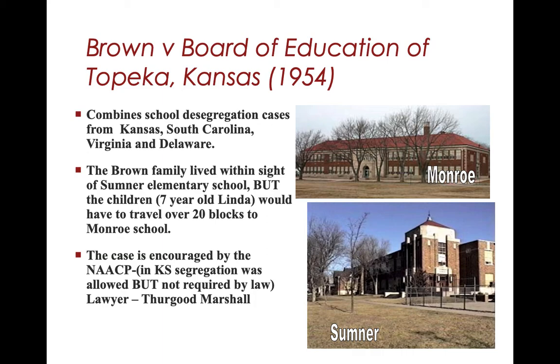So in the case, the Brown family was assisted by the NAACP, the National Association for the Advancement of Colored People, who did a lot of the work arguing civil rights cases. And they chose Thurgood Marshall to argue the court case.